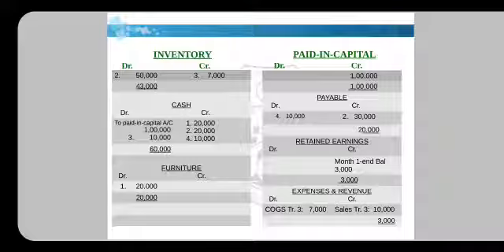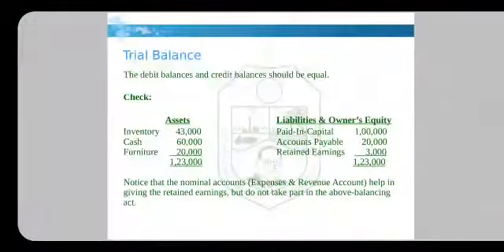That is 1,23,000. Right? Now on the right hand side, the paid in capital amount which is credited is 1 lakh. Payable which is credited is 20,000 and retained earning is 3,000, which is again on the credited side. So the total is 1 lakh plus 20,000 plus 3,000, that is 1,23,000. Right? So let's check this.